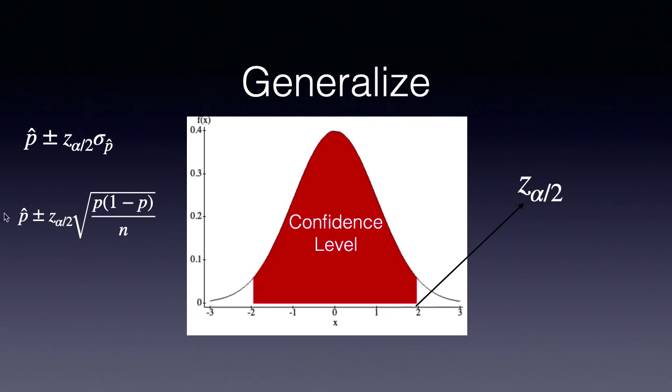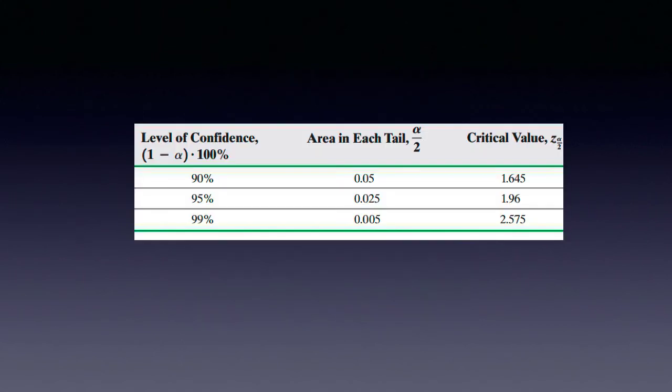So this, ladies and gentlemen, becomes almost our confidence interval formula. But the problem here is we have P right here, and I'll get to that in just a minute. Now, there are some common or popular confidence levels.